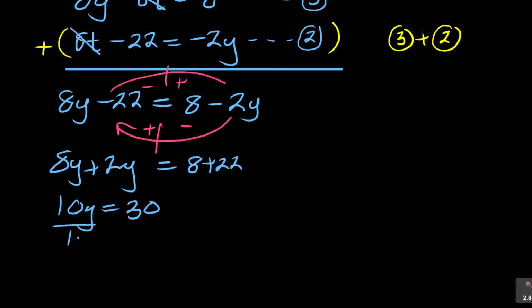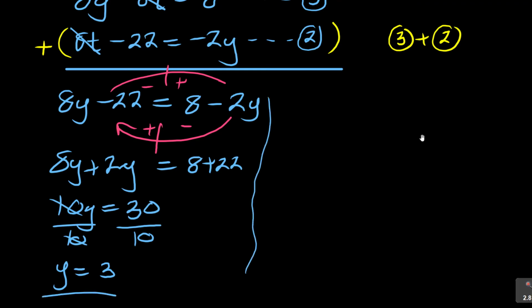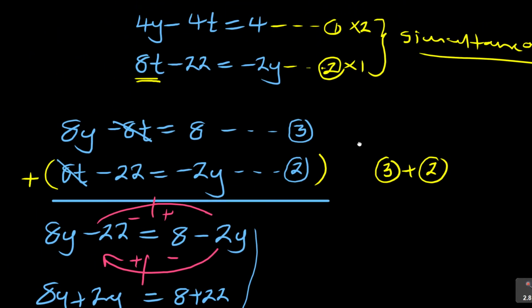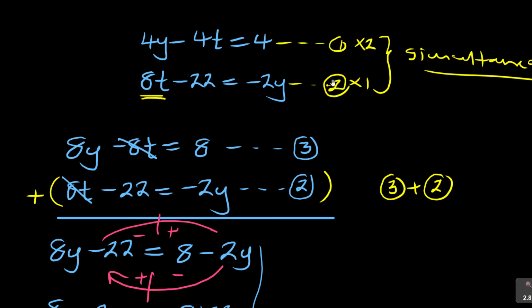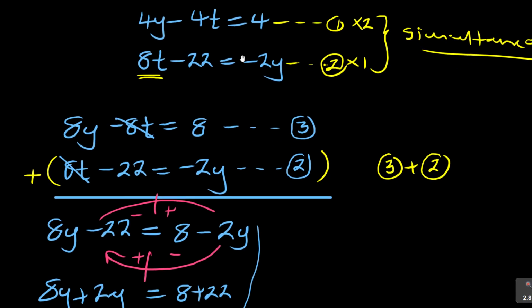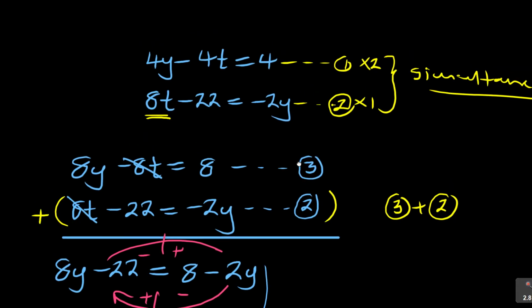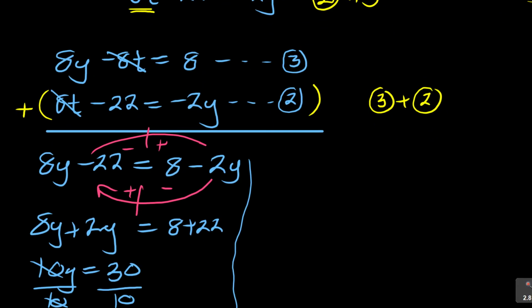You divide by 10, you divide by 10. Then y is equal to 3. That's the first one. So far so good. Then after that, you choose any equation, whether equation 1 or equation 2. For argument's sake, let's take equation 1, 4y minus 4t.